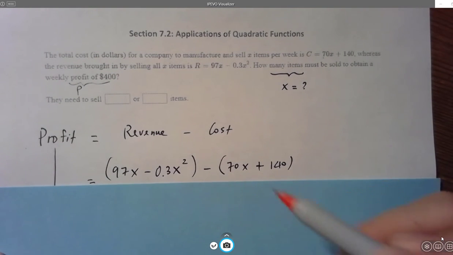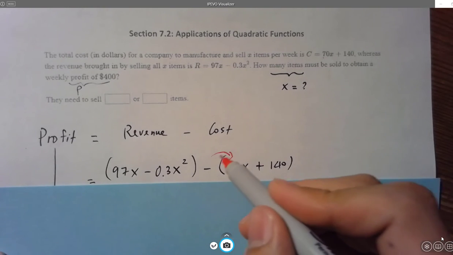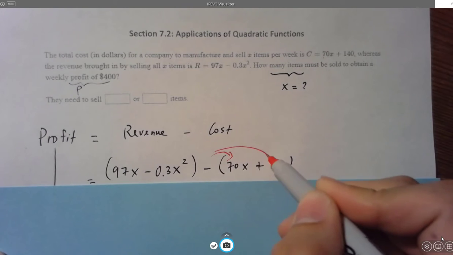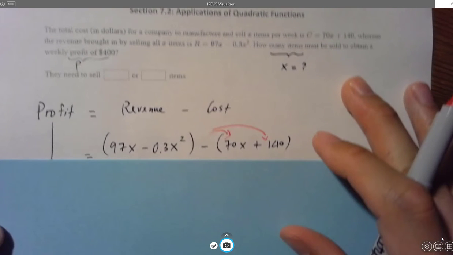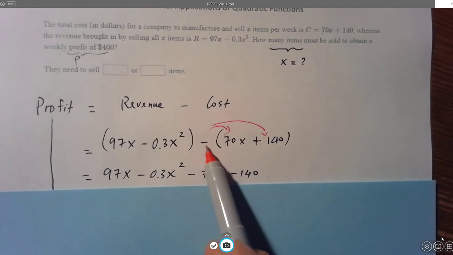So I make the distribution: minus 1 multiplied by 70x, and also minus 1 multiplied by 140. When I make that distribution, I should get minus, and plus become minus.